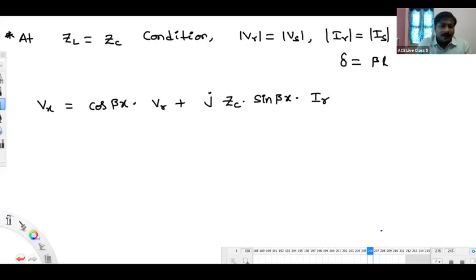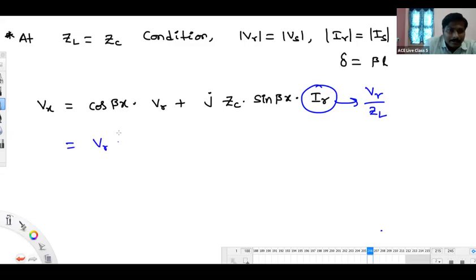You know already this IR you can replace with VR by ZL, and already we said ZL and ZC are equal in this condition. ZL, ZC will be cancelled out, and you get VR at an angle of beta x, obviously.